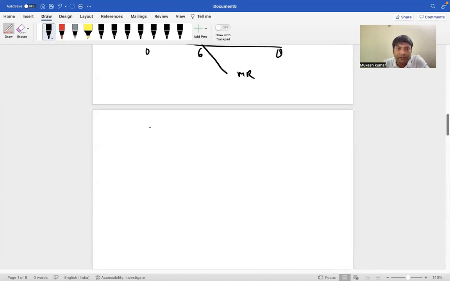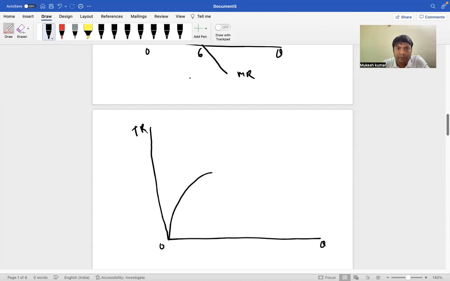So if we see the shape of the total revenue, it will be like that. It starts at zero when quantity sold is zero, then becomes maximum here when marginal revenue becomes zero, and after that it starts to decline.